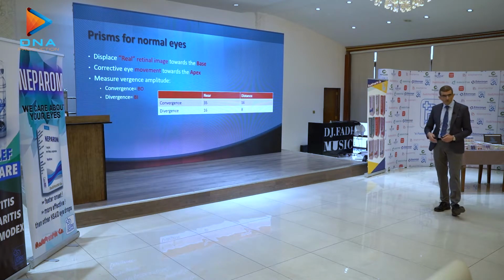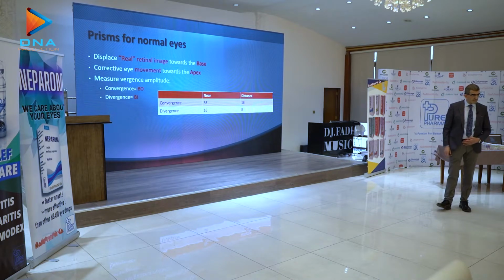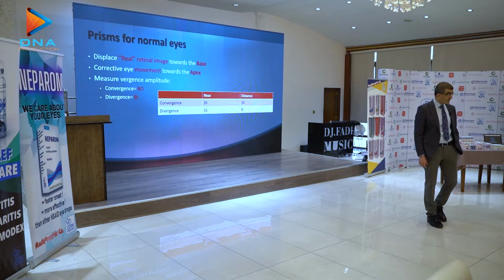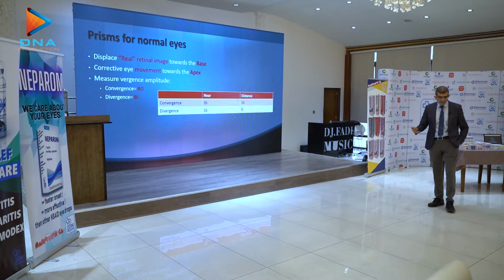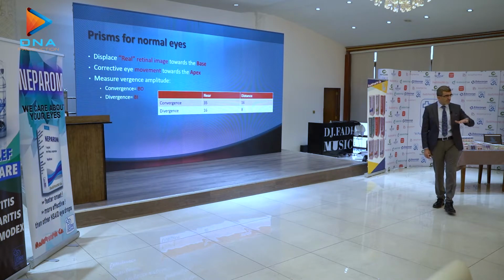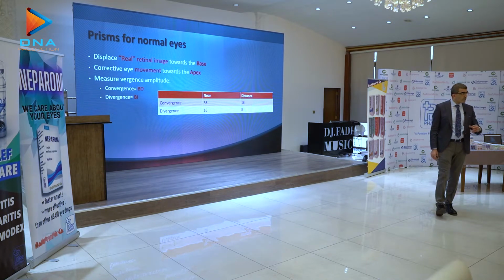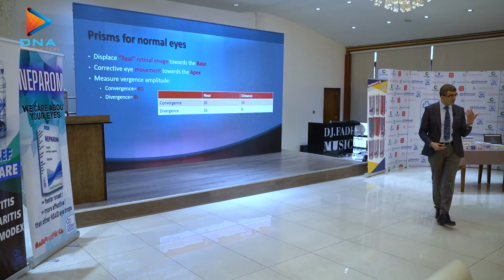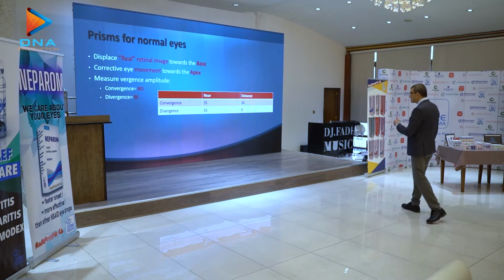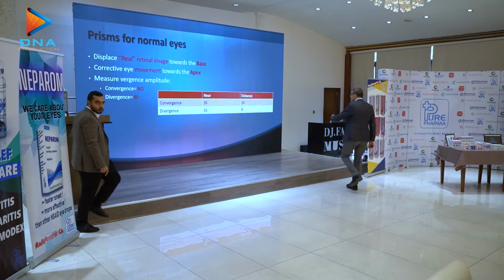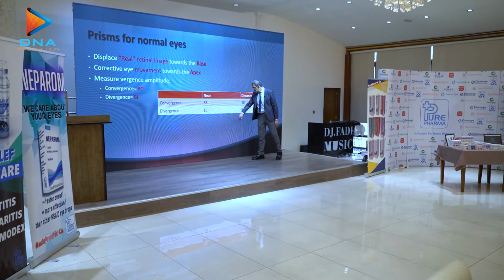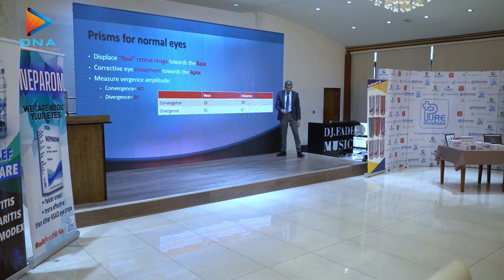So these are the normal values for our convergence amplitude. It's very helpful to know these when you test kids with reading difficulty due to convergence insufficiency. Roughly speaking, with the prism bar, between 35 and 45 prism diopters is our normal convergence amplitude for near. Half of that is our amplitude for distance. And the same 16 prism diopters for distance is equal to our divergent amplitude at near, and half of that is for distance.